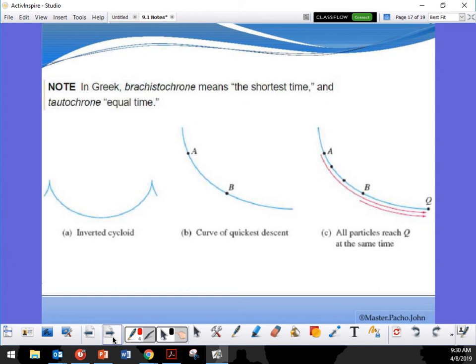So when you have all three different ones traveling along the cycloid from different points, they all arrive at the same time. It's kind of like when you're watching the swings at the playground with different kids on them, and you notice at one certain moment, all of them are in the same rhythm. They're all at the same point at the same time.